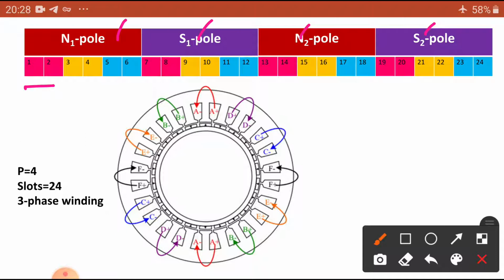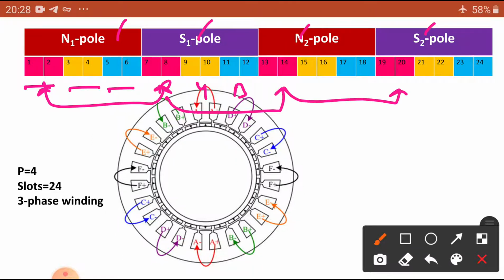R phase has two houses, Y phase has two houses, and B phase has two houses. Similarly, 180 degrees apart and pole pitch. Here the pole pitch is the same for red, Y and B. At the same time, the north pole has two slots and here also two slots.